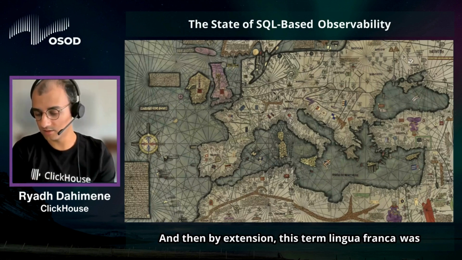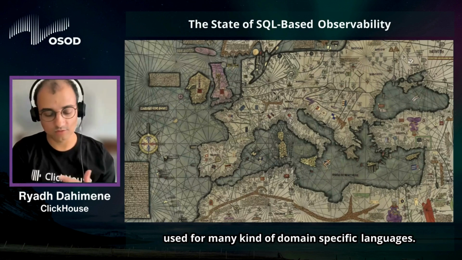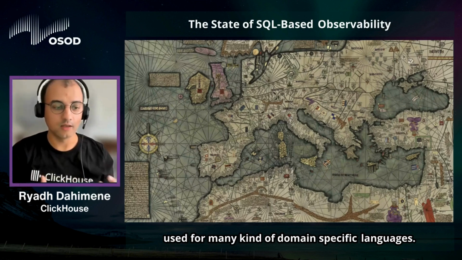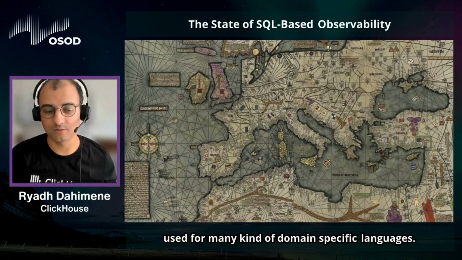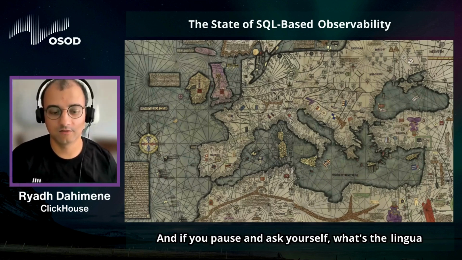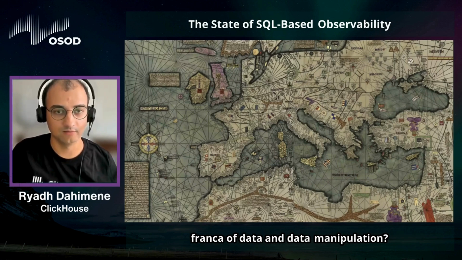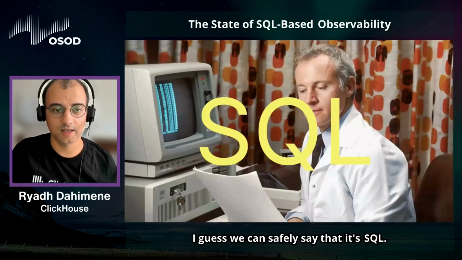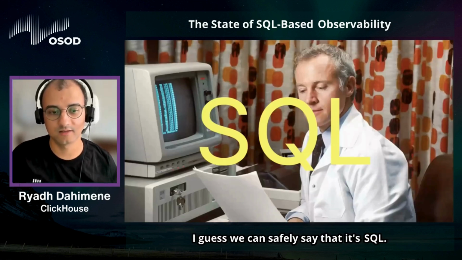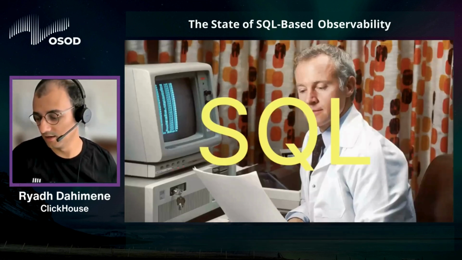By extension, the term lingua franca came to be used for many kinds of domain-specific languages. And if you pause and ask yourself, what's the lingua franca of data and data manipulation? I guess we can safely say that it's SQL.